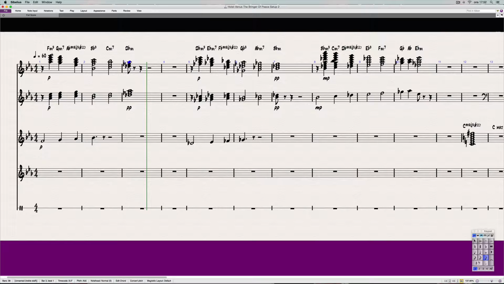So this top note counter melody, once he had that, he simply harmonized it in the way he liked, and then he spaced the harmony like this.